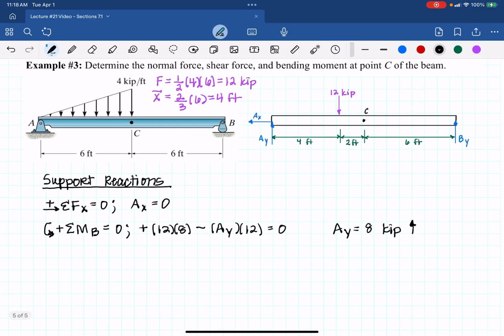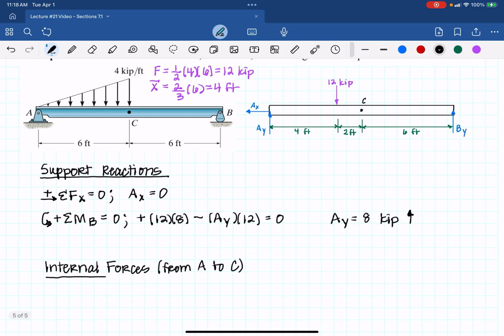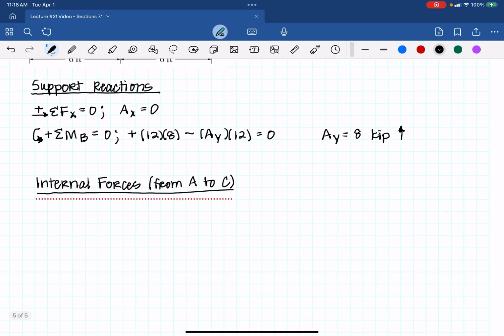All right, so now I'm going to draw my free body diagram for the internal forces. And like I said, I'm going to draw it from the left side this time. You are free to draw it from the right side if you like. I want you to get an idea of what it looks like from the left side. So I'm going to draw my beam.